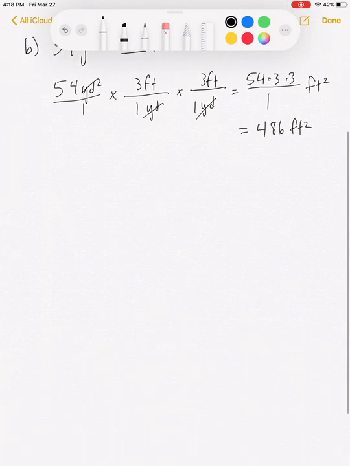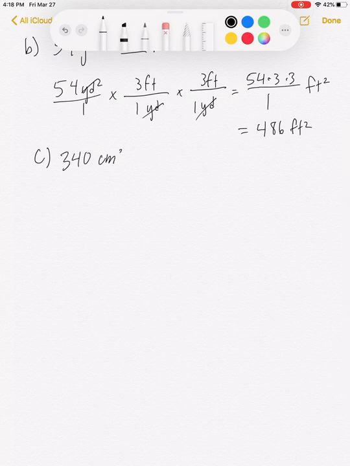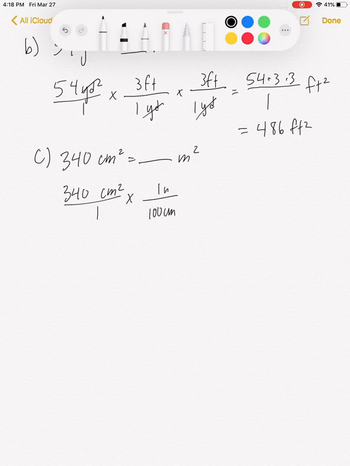Okay, so C, we have 340 centimeters squared, and we're going to convert that to meters squared. Okay, so 340 centimeters squared, divided by 1, multiply by, I need my centimeters to cancel, oops. So there's 100 centimeters in 1 meter.